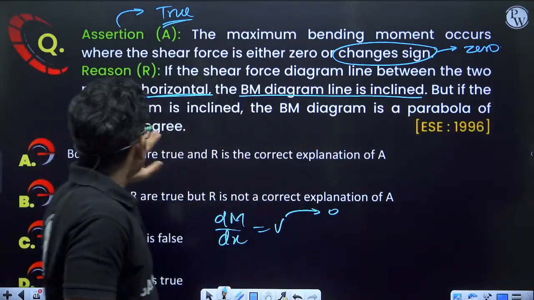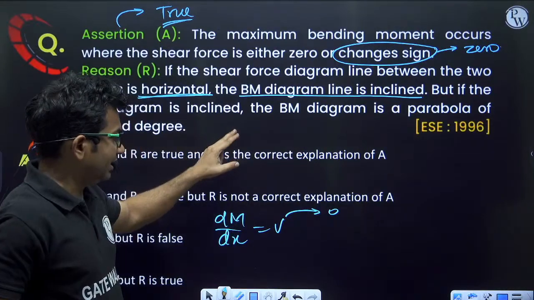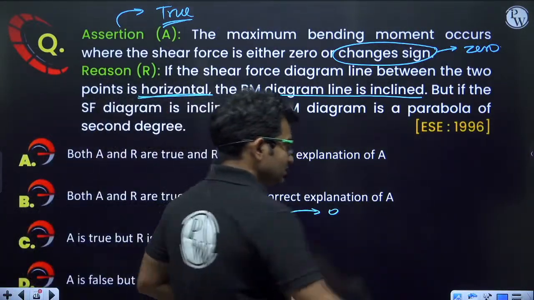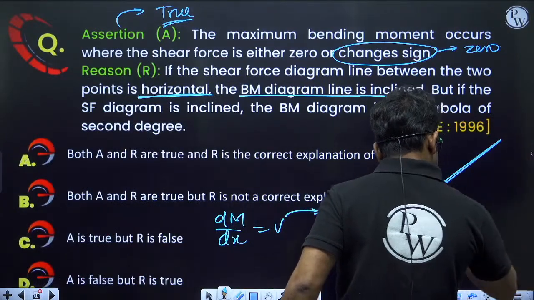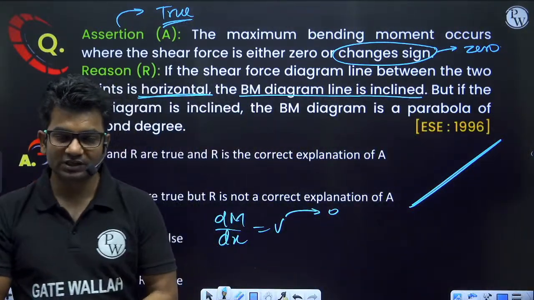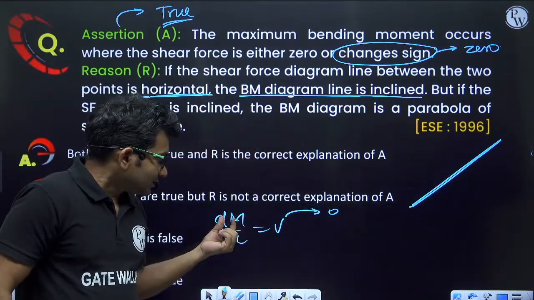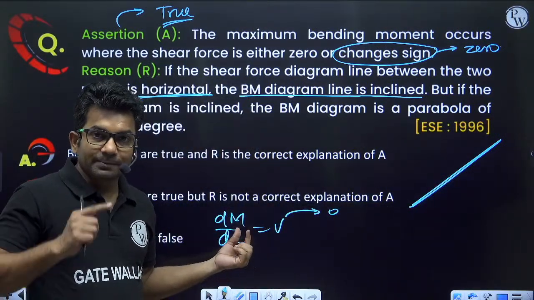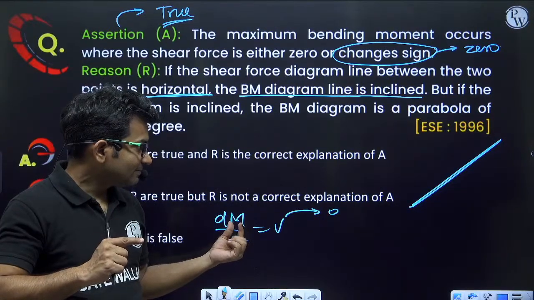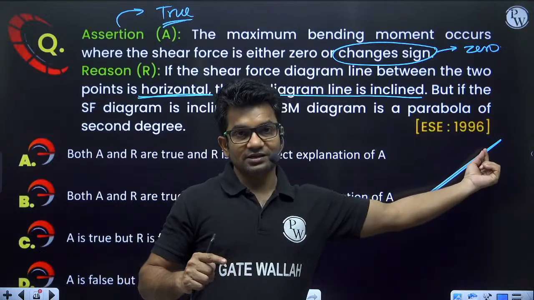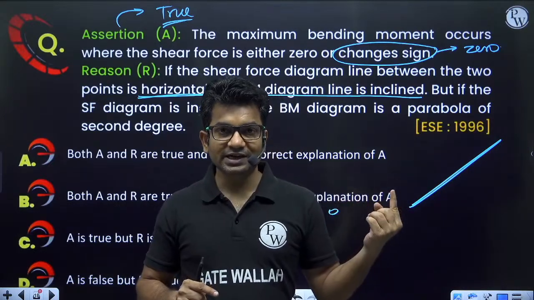If the shear force diagram is inclined, that means it is a straight line. Now if the shear force diagram line is a straight line, that means the slope of the bending moment diagram is changing linearly.